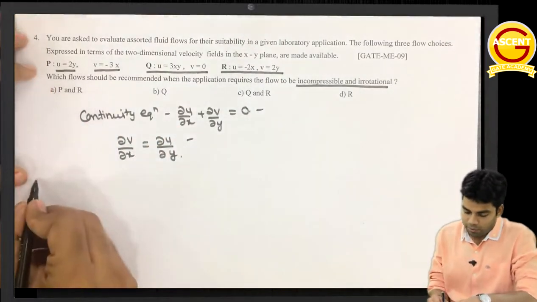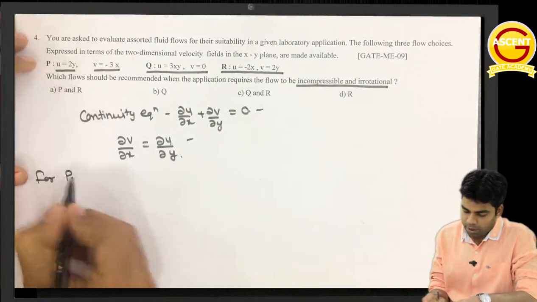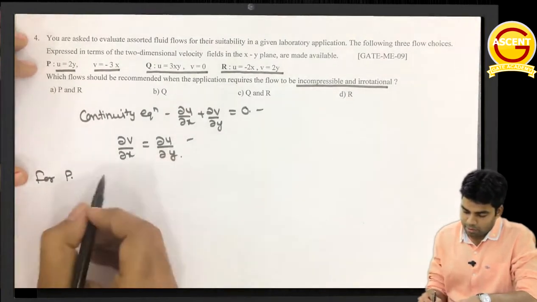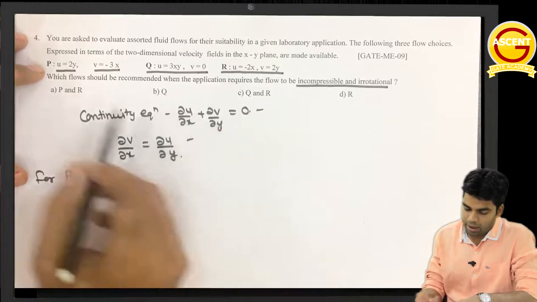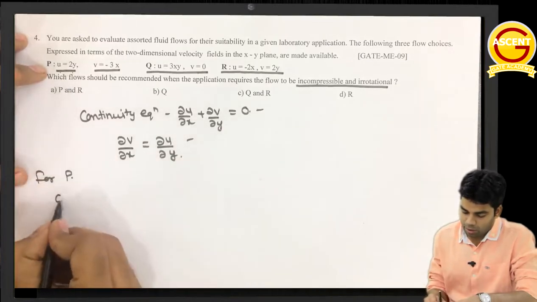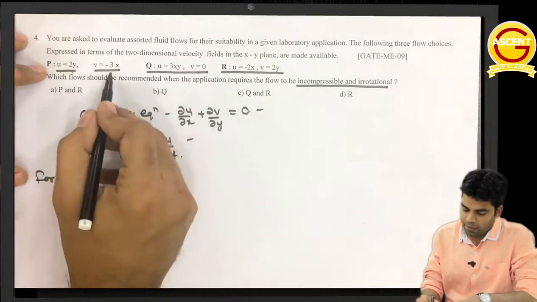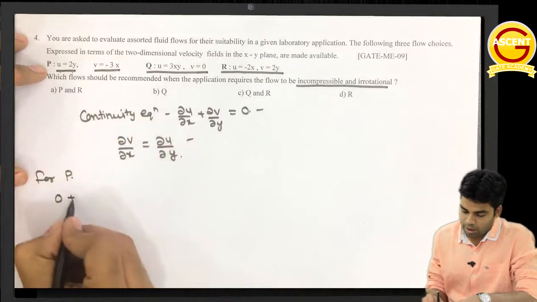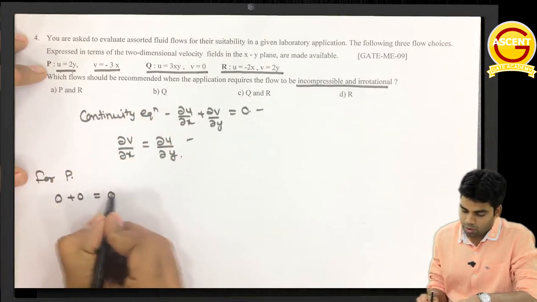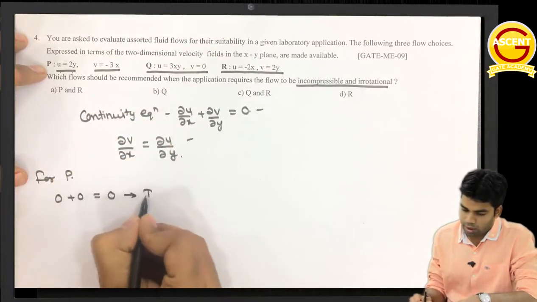Now starting from P. For P, del u by del x plus del v by del y: del u by del x is 0, del v by del y is again 0. So this is equal to 0, so this is no doubt an incompressible flow.